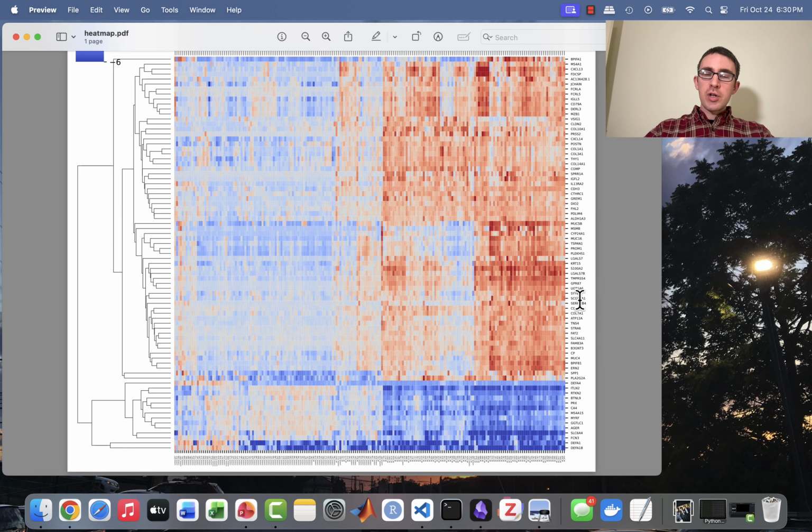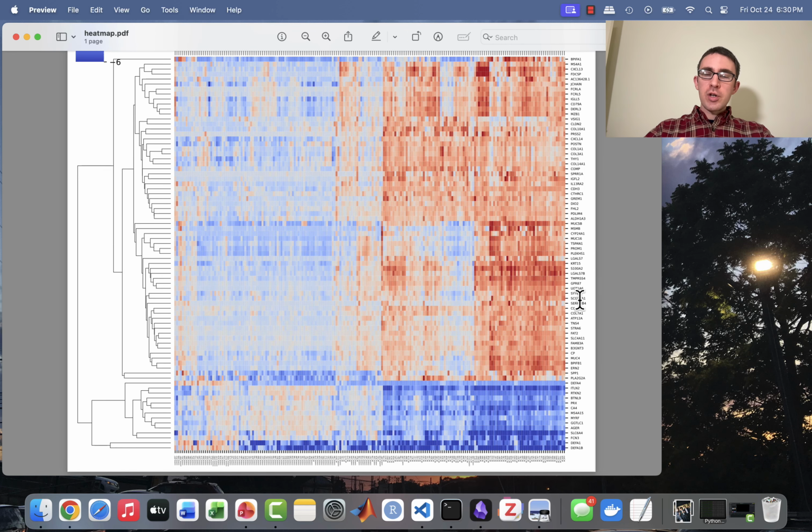You'll see this in a lot of papers used to communicate results of differential expression analyses, and it's good to know how to interpret them. And now I'll show you how to actually make them. What we need to do to make this is come up with a matrix of gene expression that we can pass into the Seaborn library to make this plot.